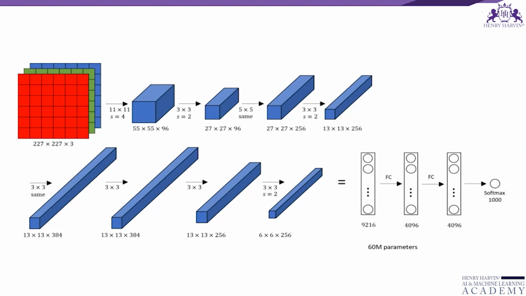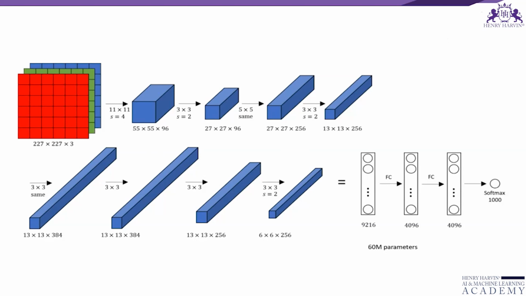Thus, it is again 27 into 27, but the number of kernels used in this case is 256. That means from this convolution layer, we will get 256 different channels or feature maps, and every feature map is of size 27 cross 27. Clear? Remember that we have used stride 1 and padding equal to 2.